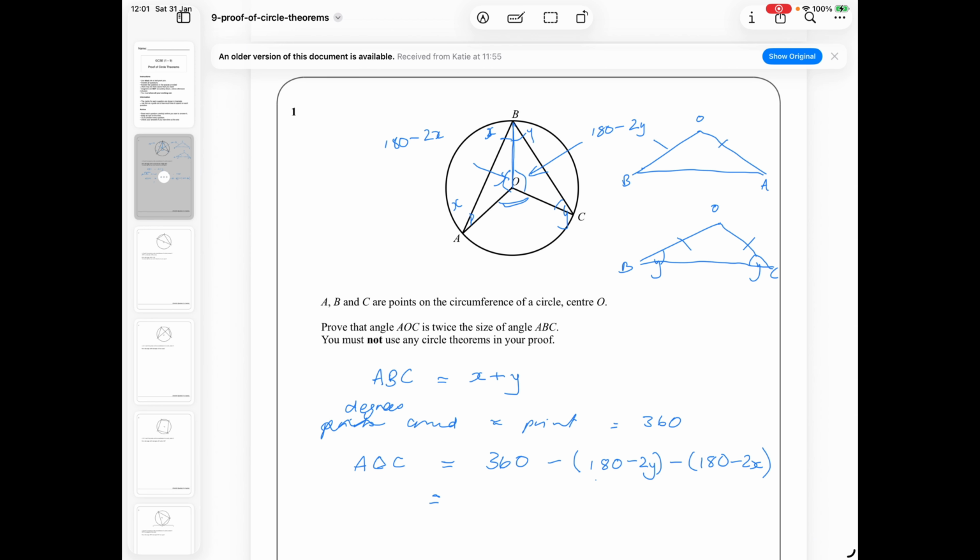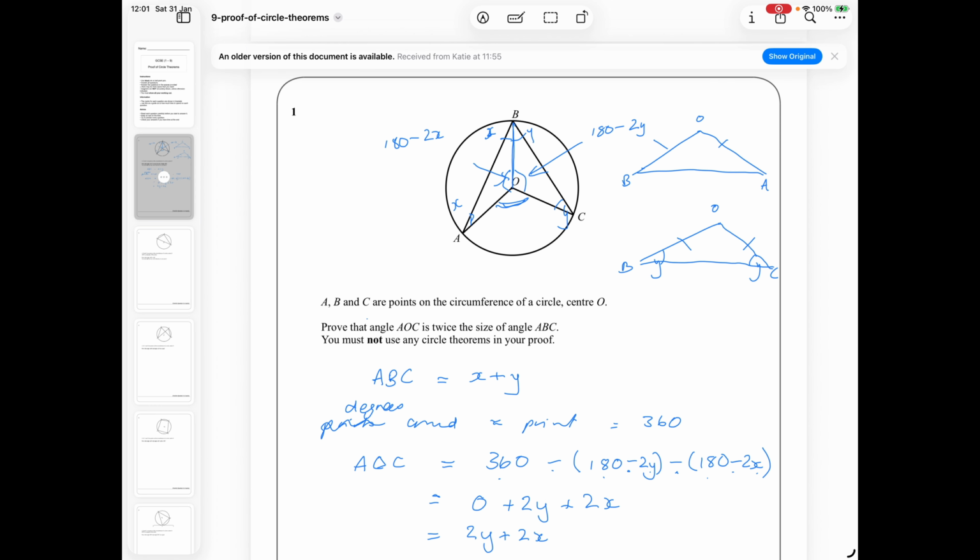So this is a little complicated. We go 360 minus 180 is 180, minus 180 is 0. But then minus minus 2y is going to be plus 2y, and minus minus 2x is going to be plus 2x. So that means that AOC, this bit here, is 2y plus 2x.